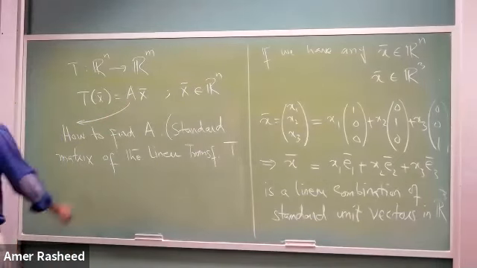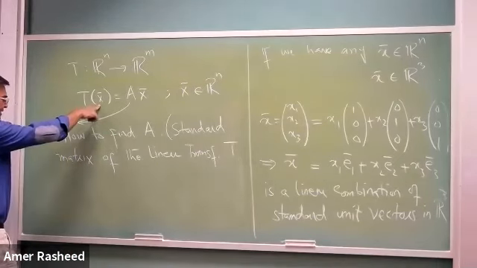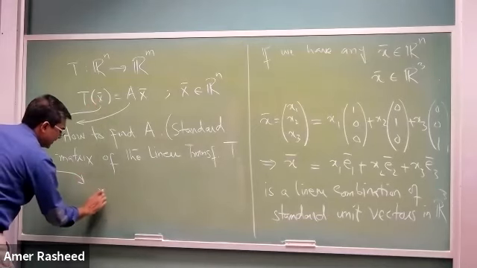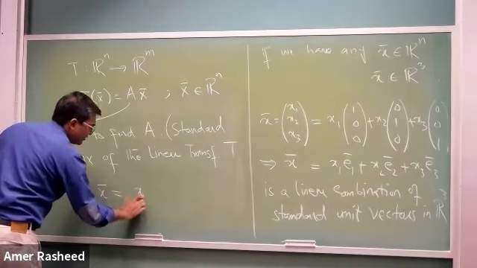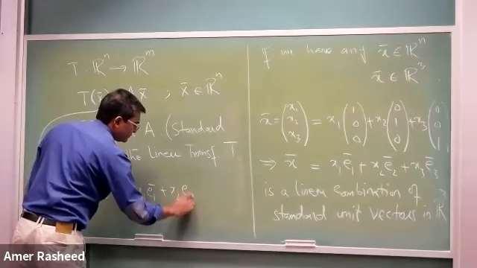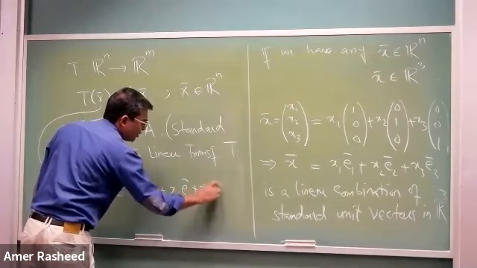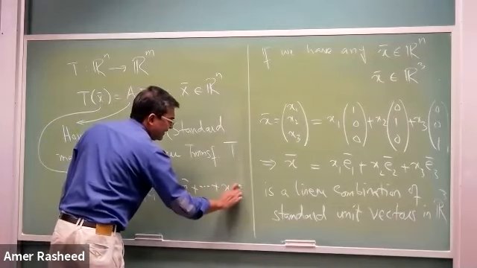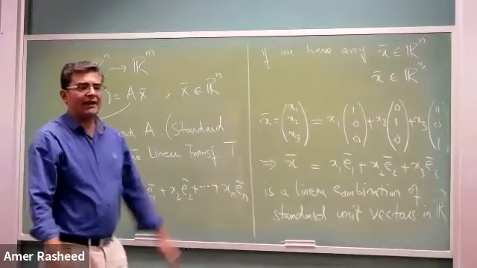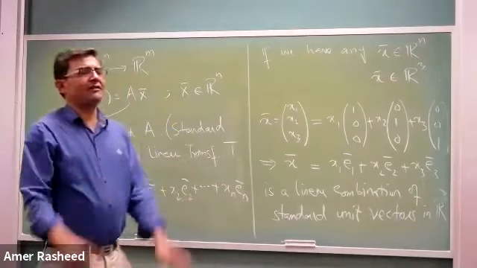Now we know that this x can be written as a linear combination of standard unit vectors, x1 e1 plus x2 e2 so on, plus xn en, where e1, e2, so on, en are the standard unit vectors of Rn.